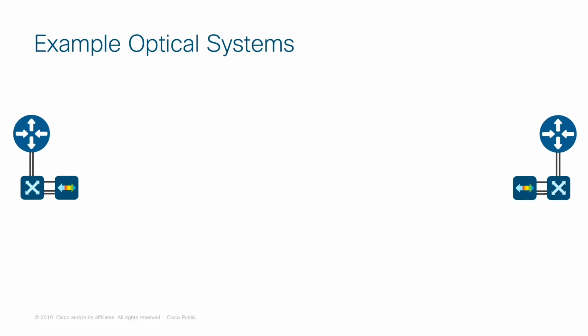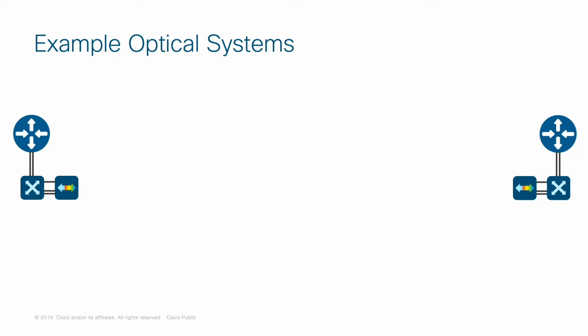Now, the transponder takes essentially white light that is with all different colors, and makes it one specific color. And this is all aligned to standards. There are standards groups that define what are the different colors that we can pick. And all of those colors are spaced just wide enough so that if we put all of those colors down one piece of glass, at the other end, we can pick out all the separate colors.